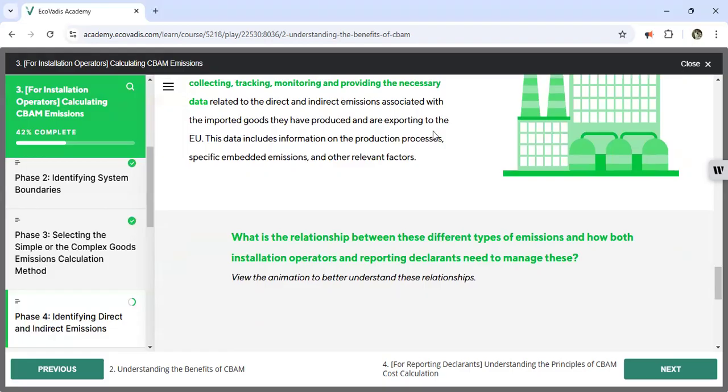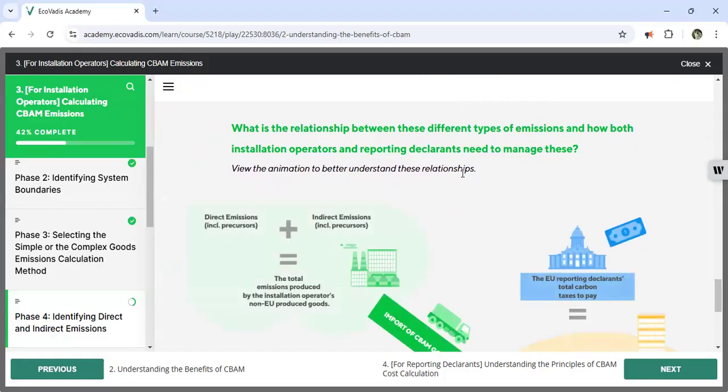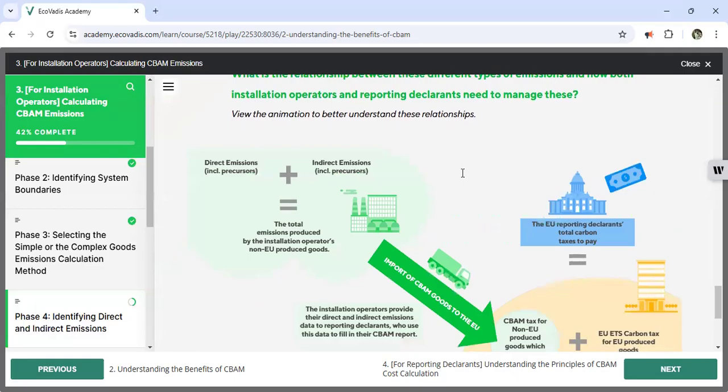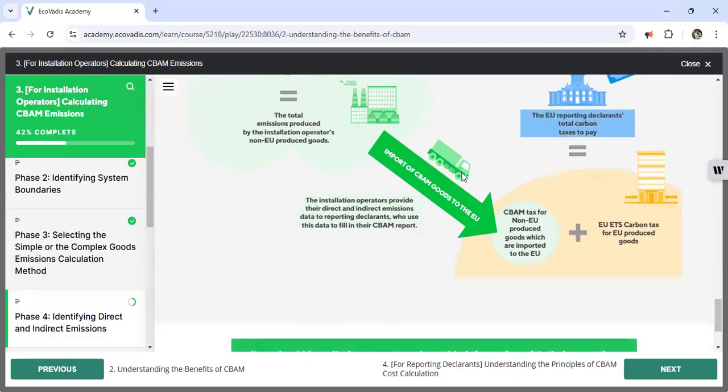This data includes information on the production processes, specific embedded emissions, and other relevant factors. What is the relationship between these different types of emissions, and how both installation operators and reporting declarants need to manage these? View the animation to better understand these relationships.